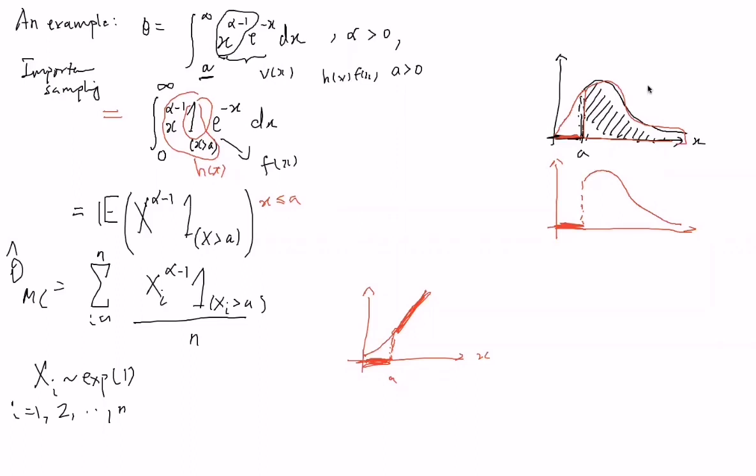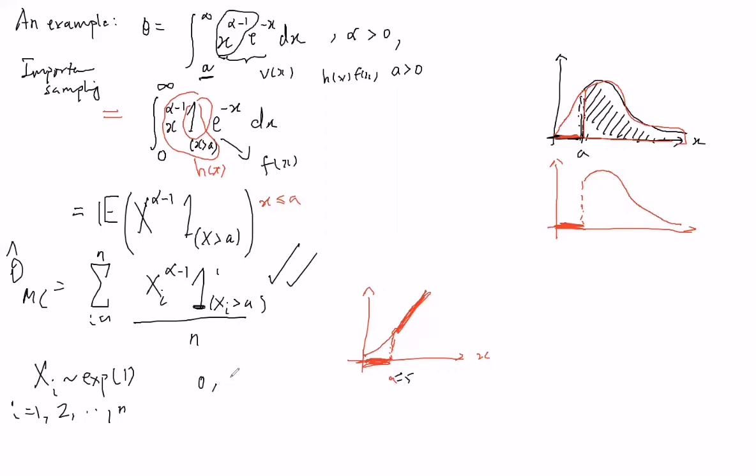Now, as an estimator, this is fine. But there is a problem with this approach. As you can see, the variance of this method will be extremely large. The reason is as follows. You draw a random variate from the exponential. If it is below a, say a equals 5 or whatever, you will score a 0.